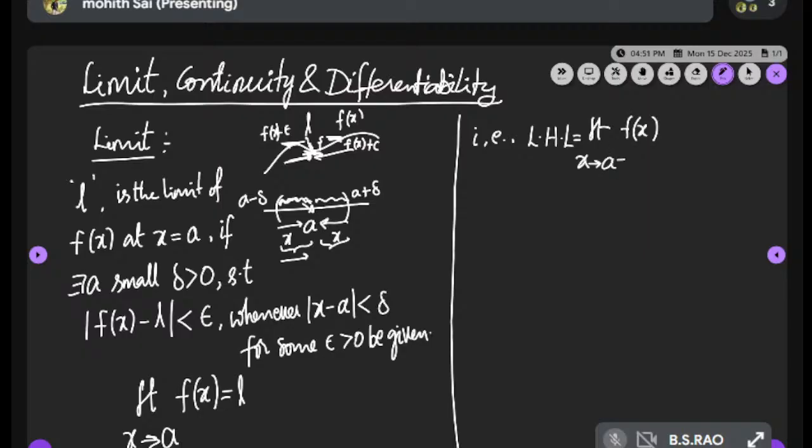How to calculate the left hand limit? Limit h tends to 0 of f of a minus h.